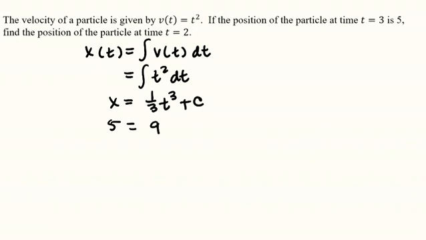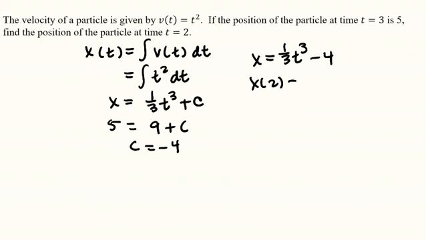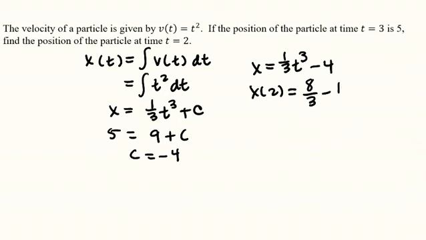You divide by 3, that's 9 plus c. c is negative 4. Okay. So x equals 1/3 t to the third minus 4. What is the position of the particle at time t equals 2? x of 2 equals 1/3 of 8. So that's 8/3 minus 4, which is 12/3, which is going to be negative 4/3.